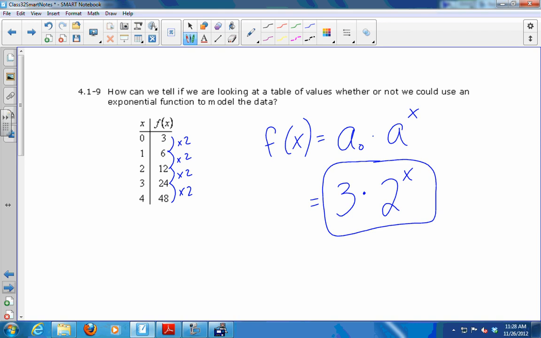You can always check when you've found a formula by plugging in an x value and seeing if you get the right y. So if I plug in a 4 here, 3 times 2 to the 4th, I'm hoping to come up with 48.